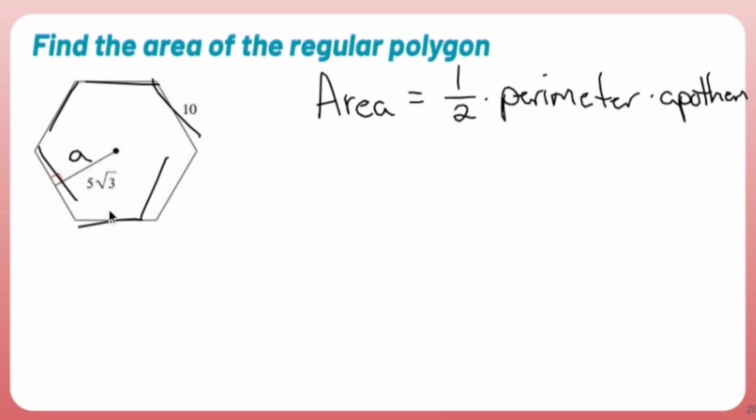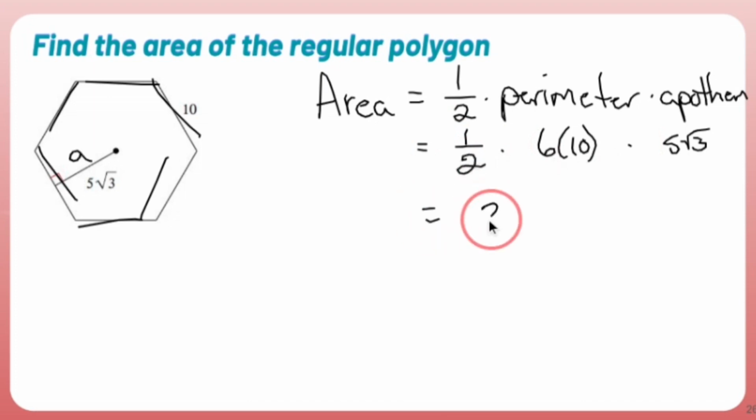Now, this is the apothem, so I know that it's going to be 5√3. Perimeter. I don't know what the perimeter is, but I do know that there are 6 sides and each side is 10. So the perimeter is going to be 6 times 10, and the area is going to be 1/2 times that.